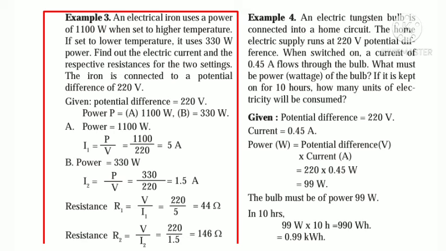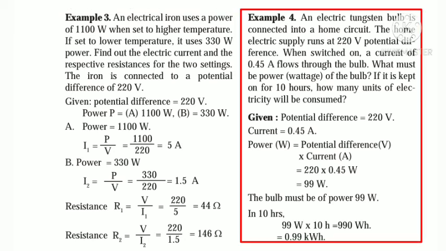Now, the final example 4 is an electric tungsten bulb connected into a home circuit. The home electric supply runs at 220 volt potential difference. When switched on, a current of 0.45 ampere flows through the bulb.